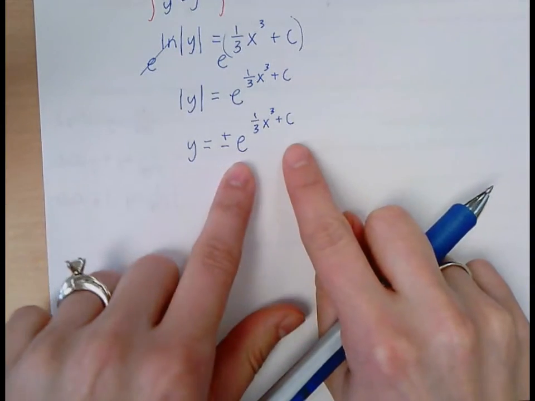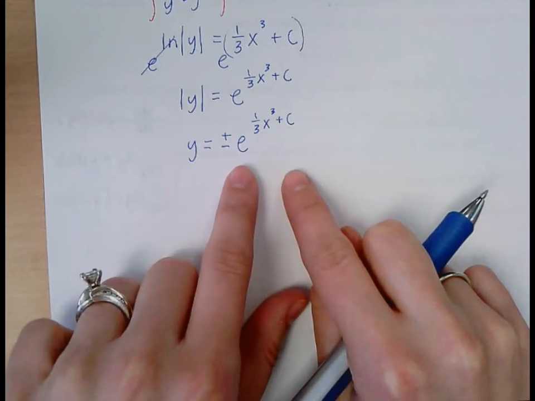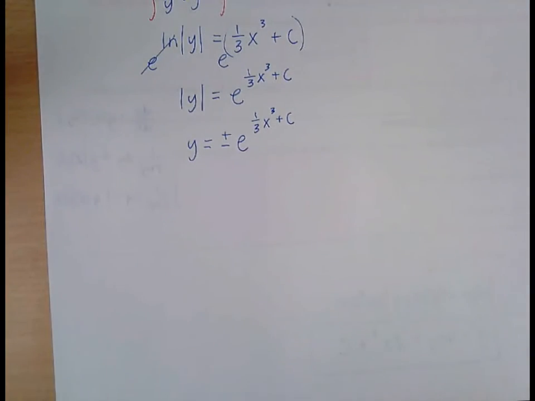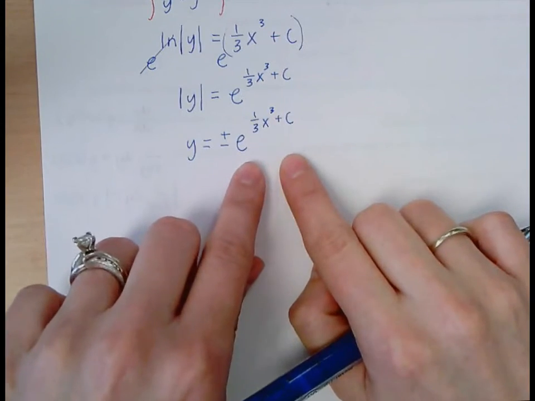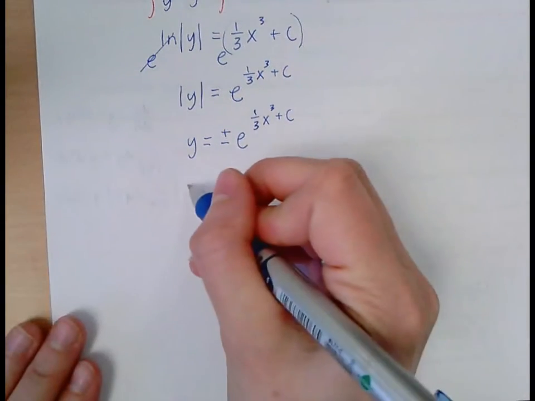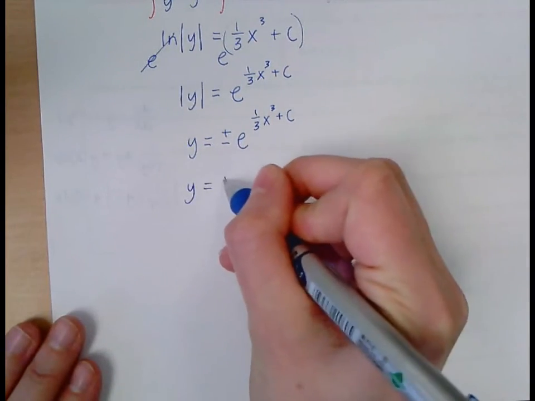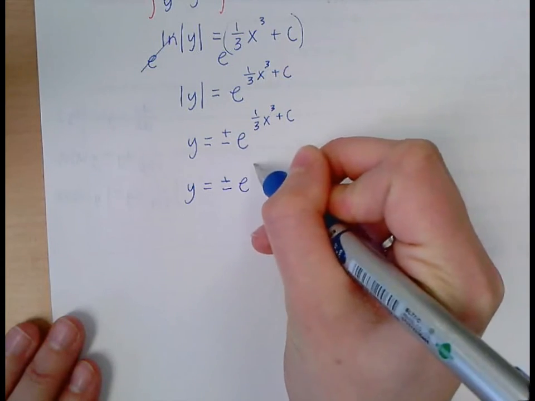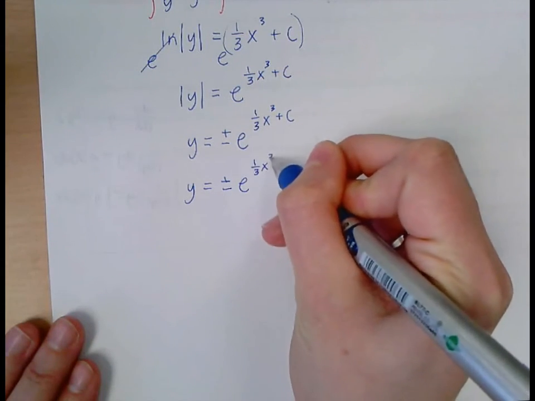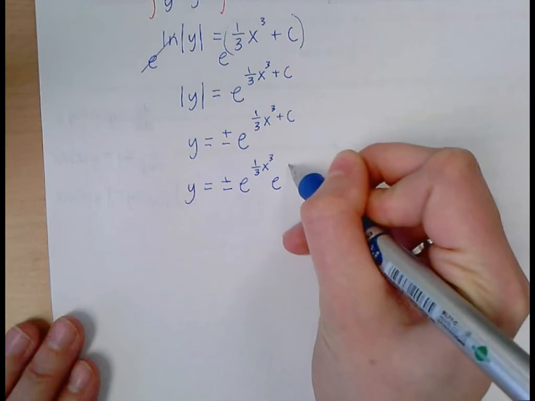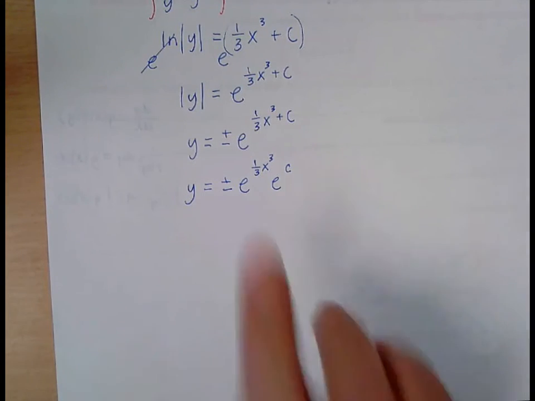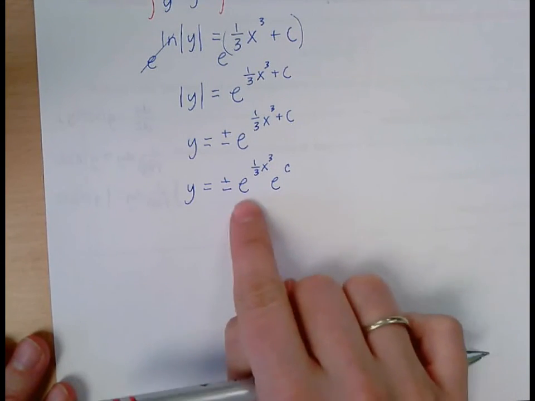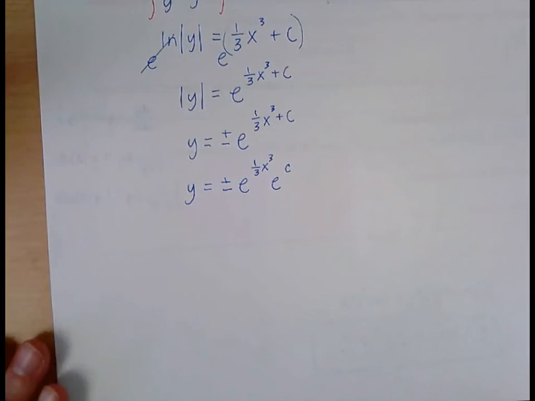When you add exponents, that means you are multiplying powers. So I could write this as y equals plus or minus e to the 1/3 x cubed times e to the c. If it's all being multiplied, the plus or minus applies to the whole thing.